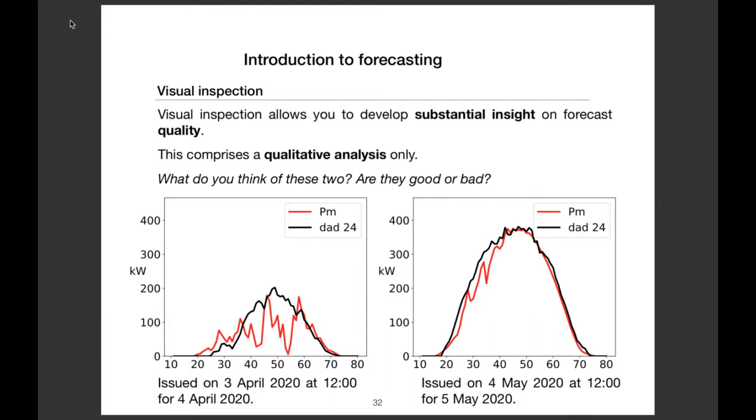And among these 100 days, let's say that we have 90 days like the day on the right and 10 days like the one on the left. We could say that our model is not so bad because for 90 of the 100 days of the validation set, the forecast seems nice. So this is one way to do it, and I encourage you to have a look at the forecast just to have a first insight.